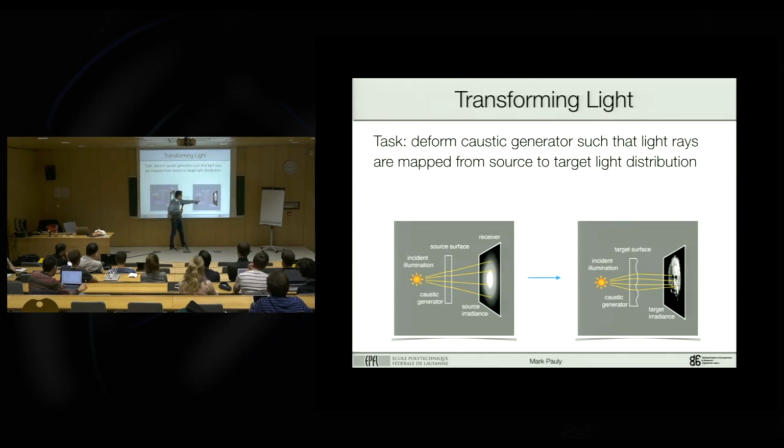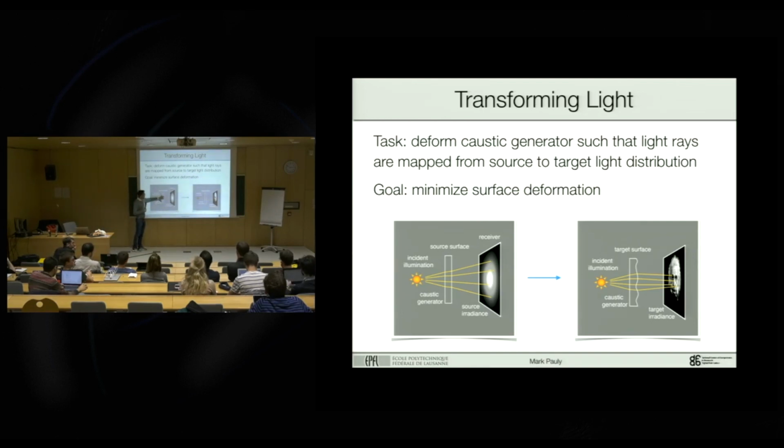Okay? Can I find an object made out of glass or some other optically active material that can achieve that? And what's very important when you do this is that we want to make sure this is physically possible, right? I can only bend light so much.